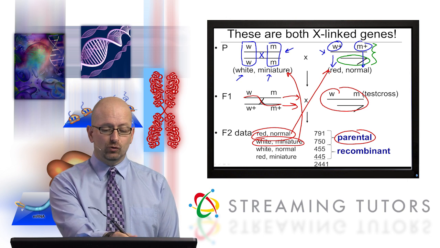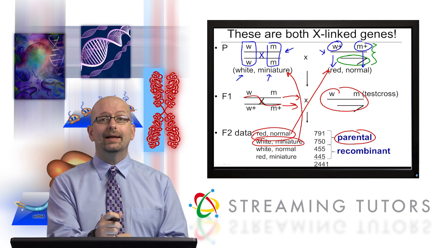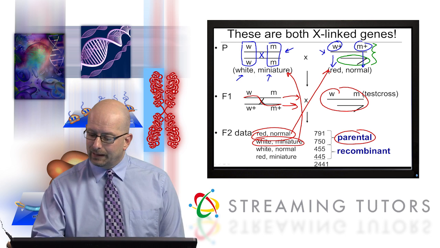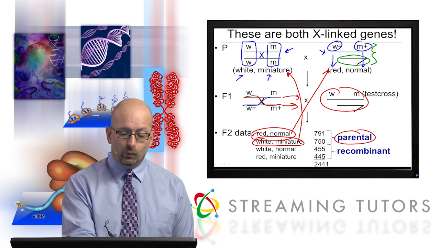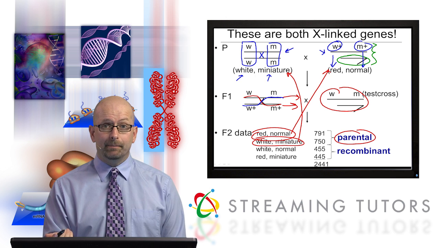Remember what's happening. I'm drawing it. This is the convention and the best way to do it. But the chromosomes are both getting cut and rejoined to the other one. All right? And then we'll get also on the bottom, and if one happens, the other has to happen, the W plus with the M, right?